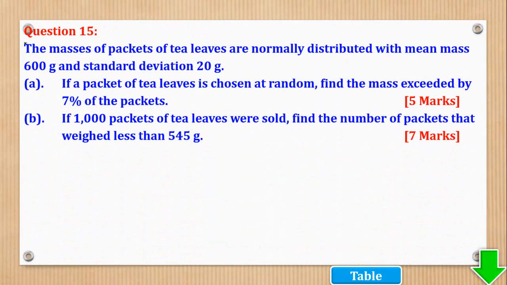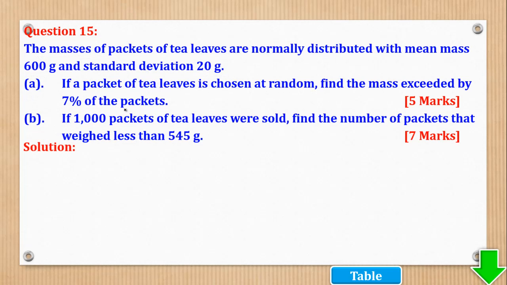Question 15 says, the masses of packets of tea leaves are normally distributed with mean this and standard deviation that. Part A, if a packet of tea leaves is chosen at random, find the mass exceeded by 7% of the packets.